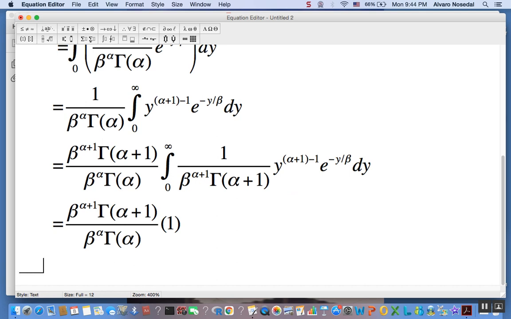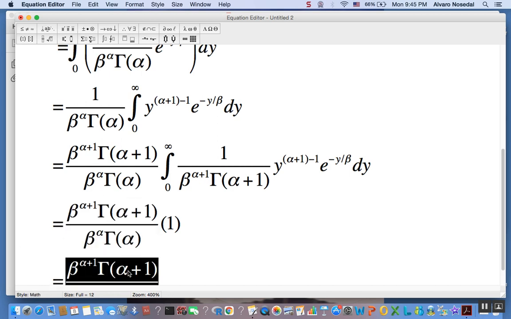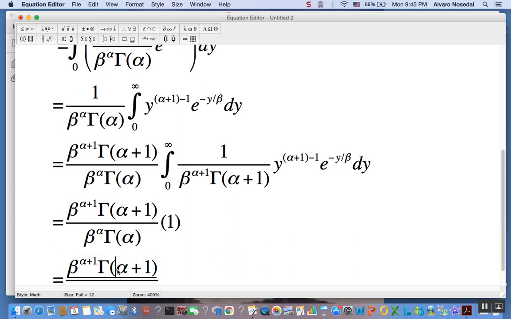And now remember that property that we showed, that gamma evaluated at alpha equals alpha minus 1 times gamma at alpha minus 1, right? So now we get to use that property. So that means that this guy here, let me copy paste that guy, is going to be just alpha, right?